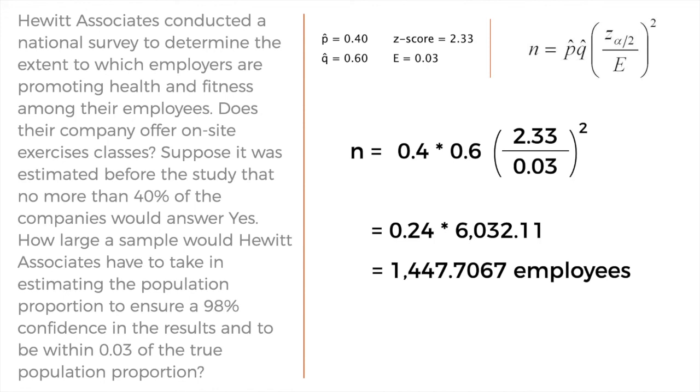Since we're estimating the sample size, specifically how large the sample size would be or how many people would answer yes, then we will have to truncate the decimal places, meaning we don't include the decimal points anymore. Instead of 1447.7067, the answer or the sample size that we're looking for is 1447.